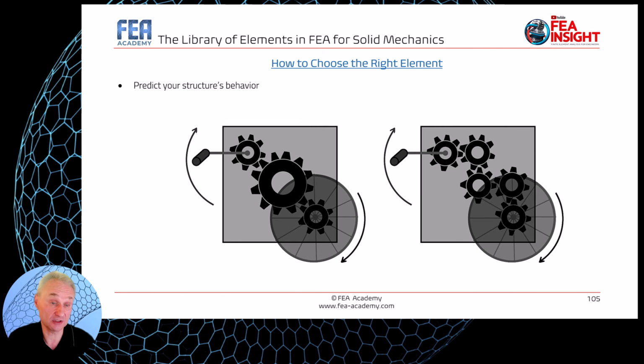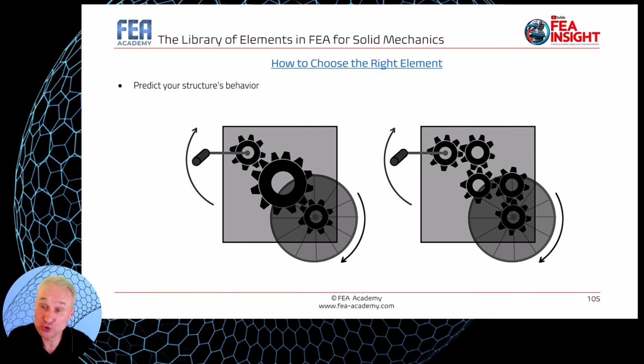The first one is to predict your structure behavior. The critical issue when selecting elements for your FEA is knowing how the structure will behave before you begin your modeling work. You must understand and predict the load path in your structure to be able to select the right elements.